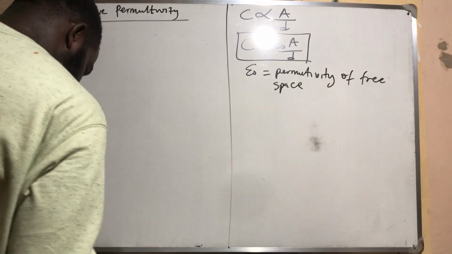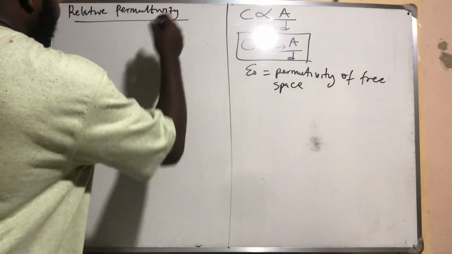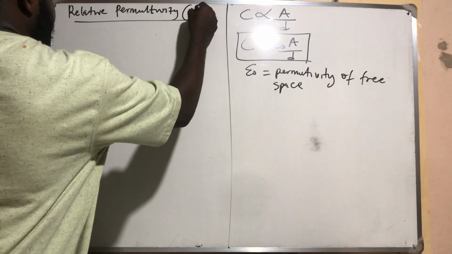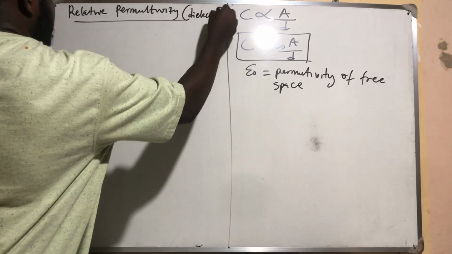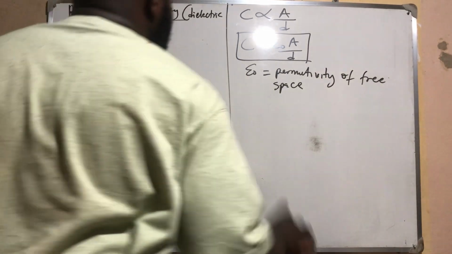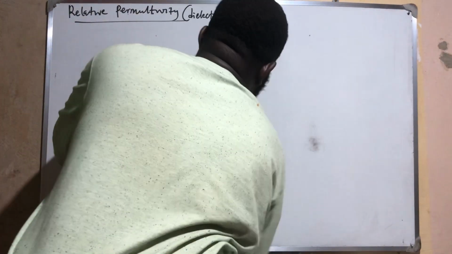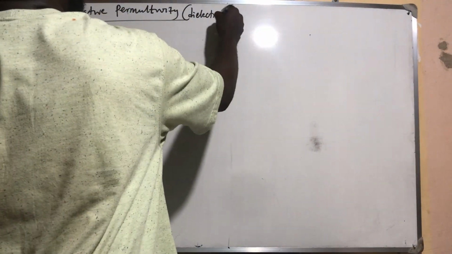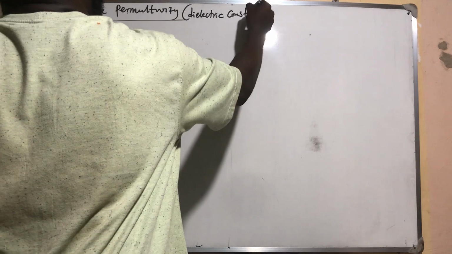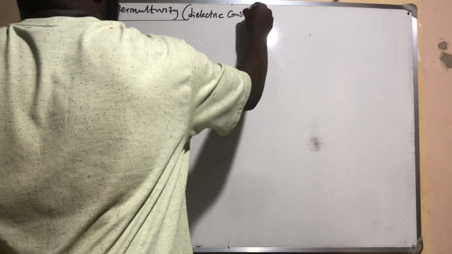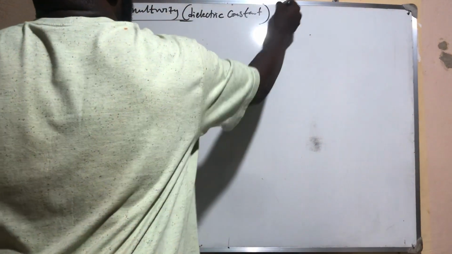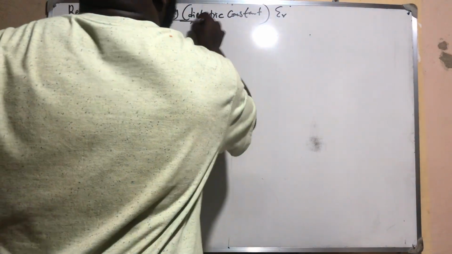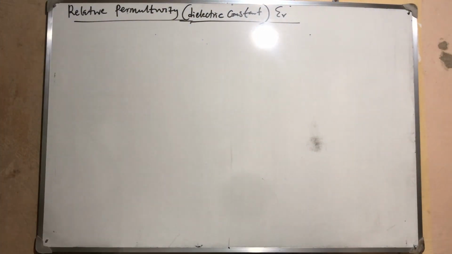Relative permittivity, that is the dielectric constant. Relative permittivity or dielectric constant. That is your ER. Very important, so write that as a subheading.